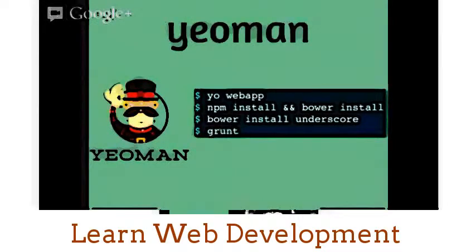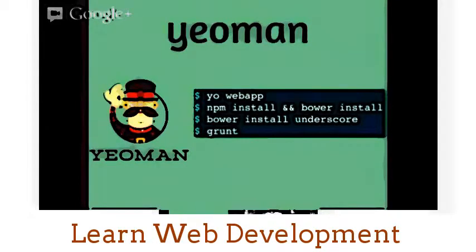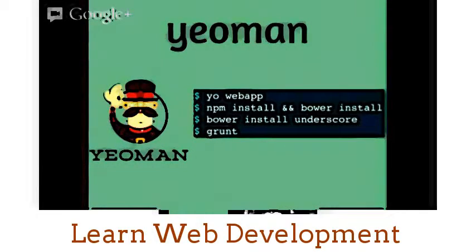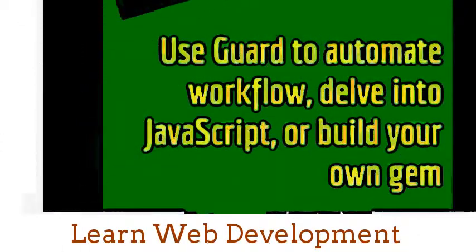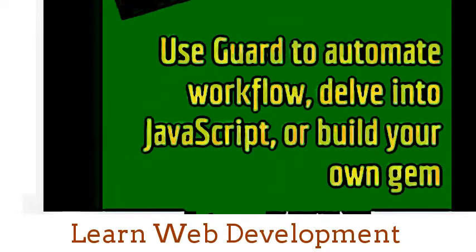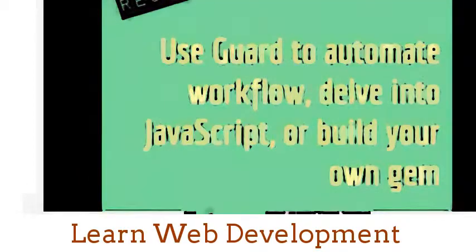And then grunt, which is just once again prepare everything for deployment. So Yeoman also does some other really cool stuff, like handling image optimization, doing automatic compilation like Guard. It also has live reload integration. So if you're looking to automate your workflow, you can either do it yourself with Ruby, you can delve into JavaScript, or you can roll your own gem.